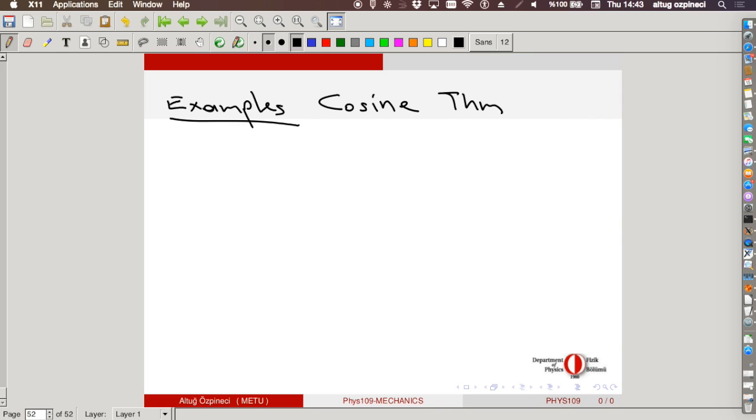How many of you remember this cosine theorem? I mean, the question that comes to my mind, why do you remember such a theorem at all?